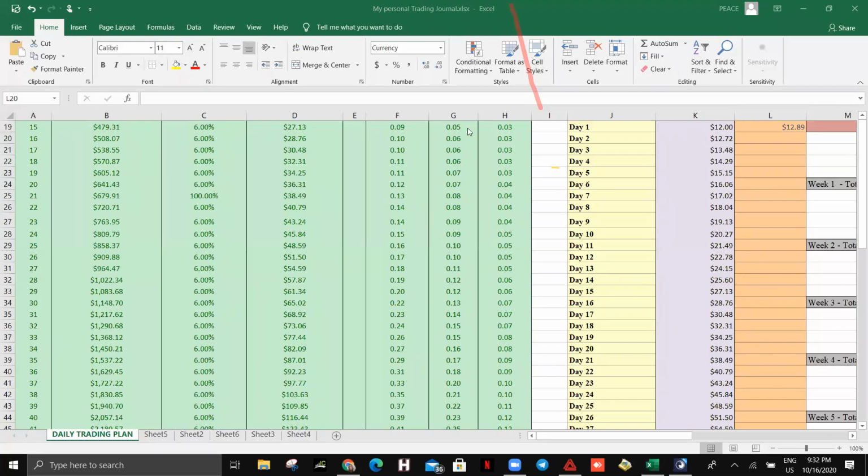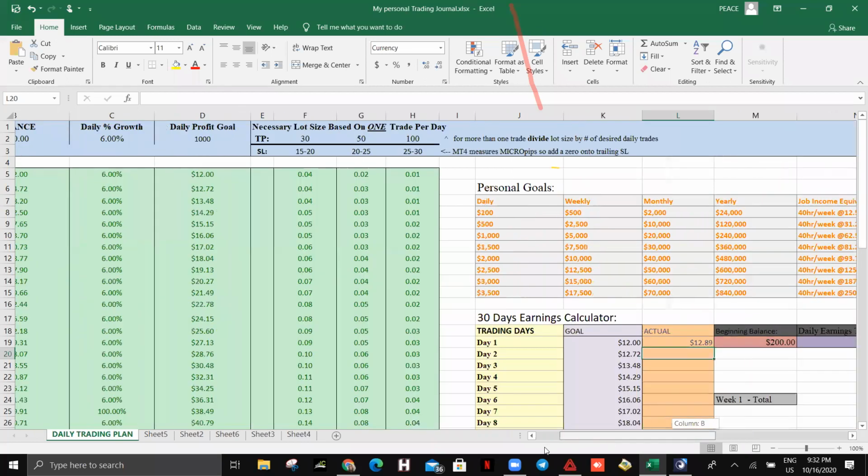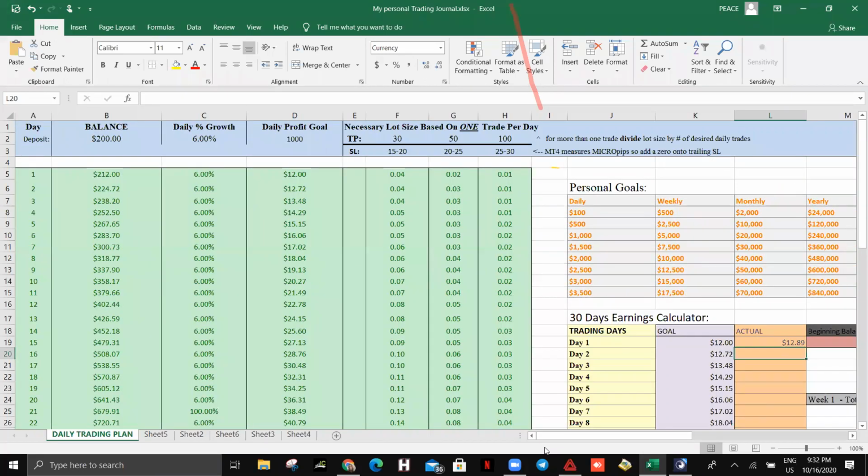Now this is a trading journal. I send this to everybody. This is my private trading journal, but I had to share it for everybody to benefit from it. Without a journal, you are just gambling in the Forex market. Some people say, I don't understand it. Everything here is automated. If I click here now, you can see the calculation equals B2 star C2 plus B2.